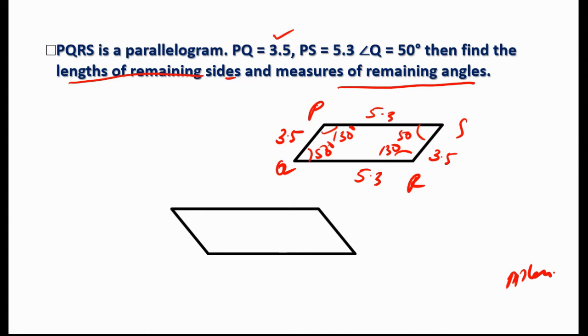This way our diagram would be. But diagram is not expected, but I am telling you how that diagram will look like if you really make it according to the measure. According to the measure भी expect नहीं कर रहे, आपको answer expect कर रहे. चलो, we will go ahead.